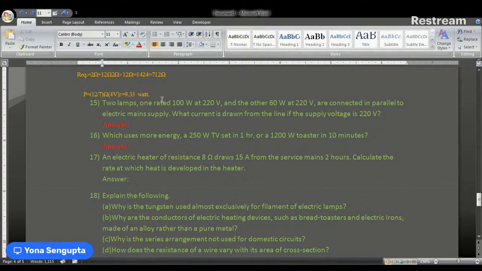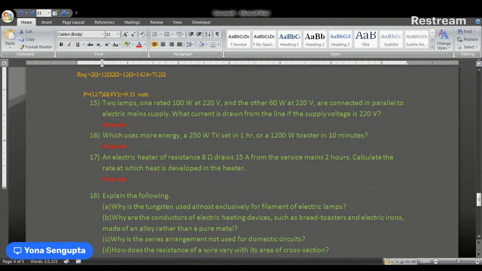Okay, so the next question, number 15, says that two lamps, one rated 100 watt at 220 volt, and the other 60 watt at 220 volt, are connected in parallel to the electric main supply.